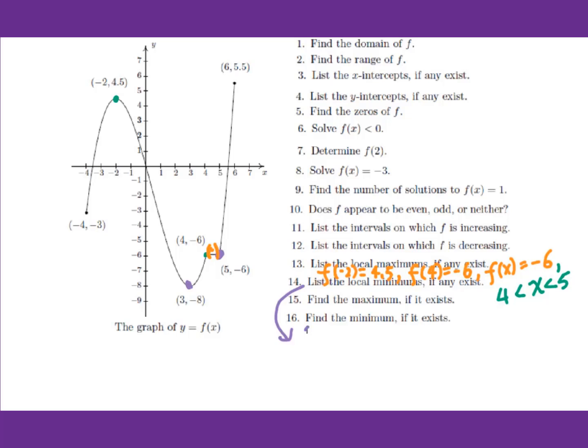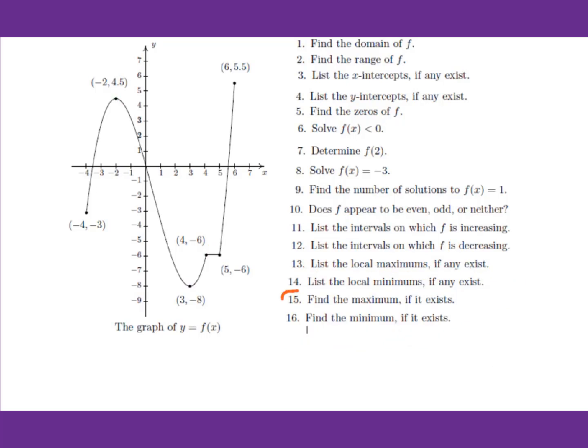So we get f of 3 equals -8. That's the local minimum. F of 5 equals -6. And also f of x equals -6 as x is greater than 4, less than 5.